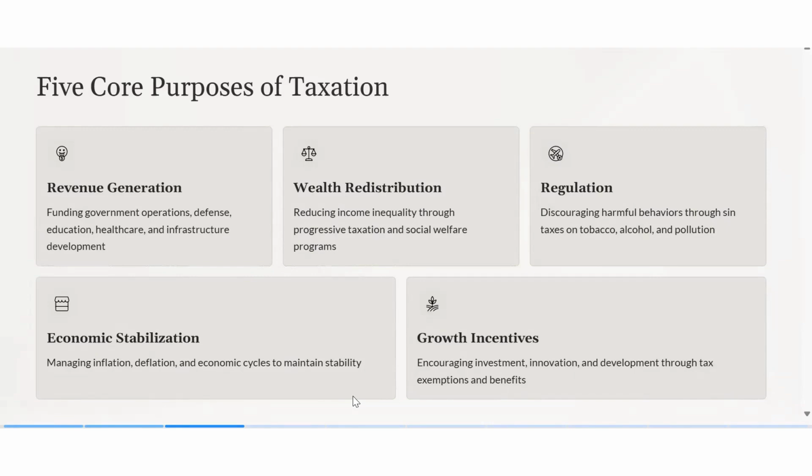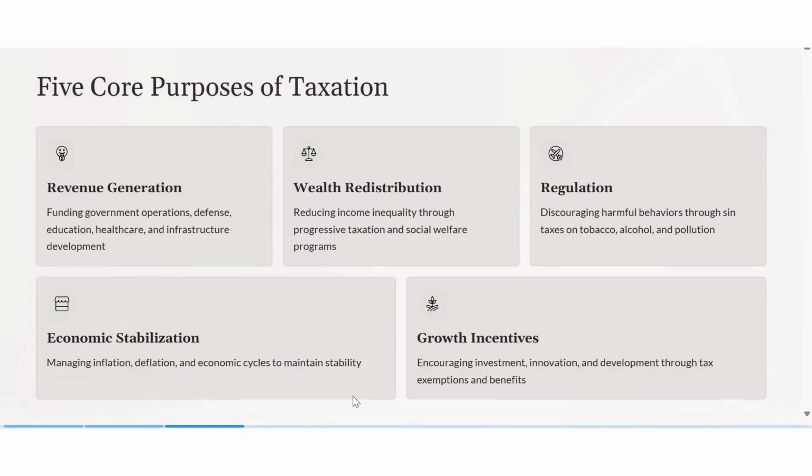Funding government operations, defense, which has been on top-notch priority since time immemorial for all governments. And now today, as India's largest budget is allocated to defense, education, healthcare, infrastructure development, like roads, other platforms, railways, etc.